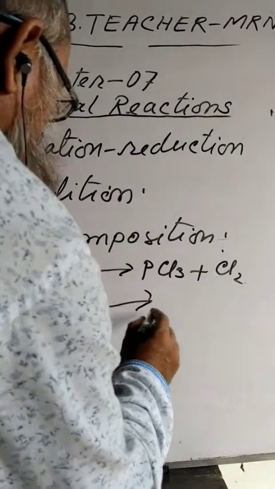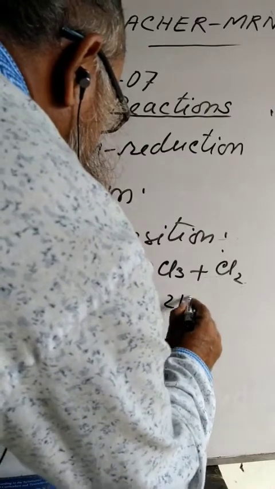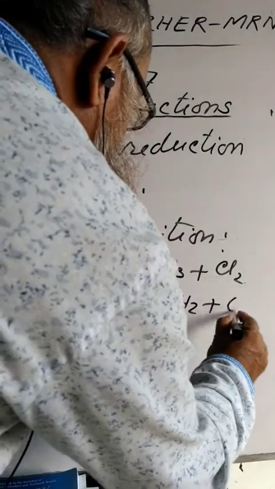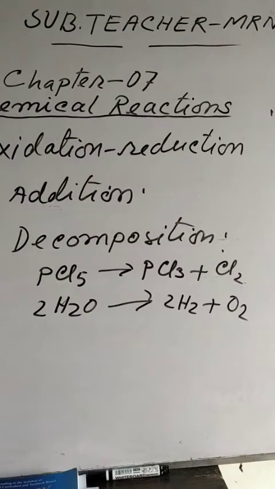When water is hydrolyzed, it produces two different elements, hydrogen and oxygen. This is another example of a decomposition reaction. In each case, the big compound is broken into simple compounds or elements. This is called a decomposition reaction.